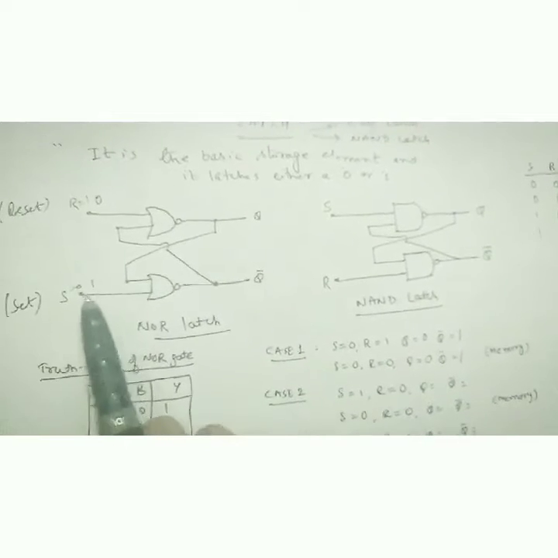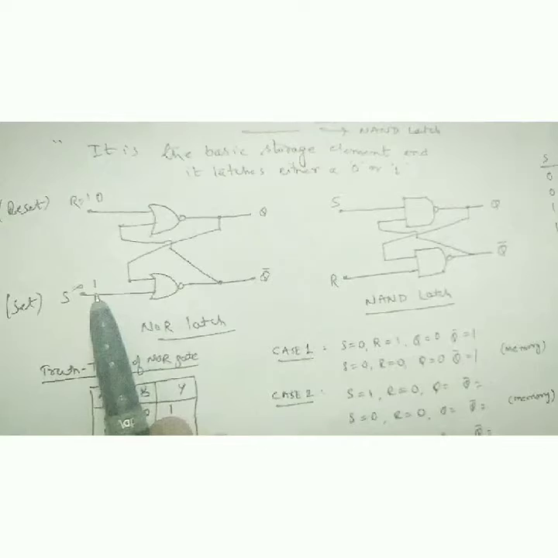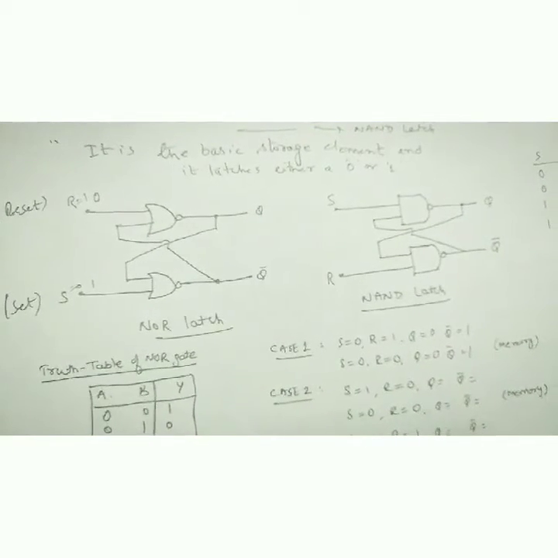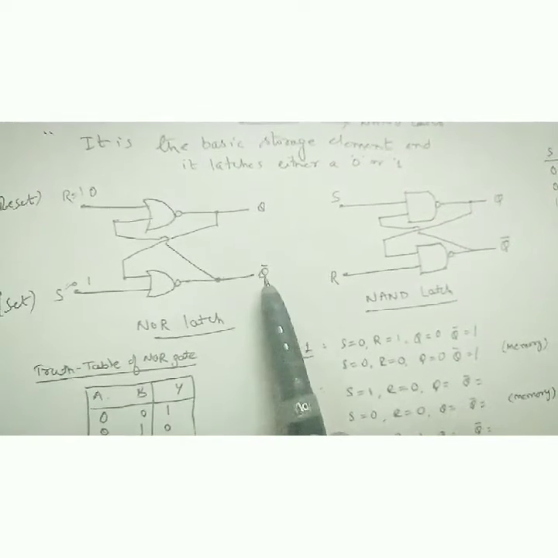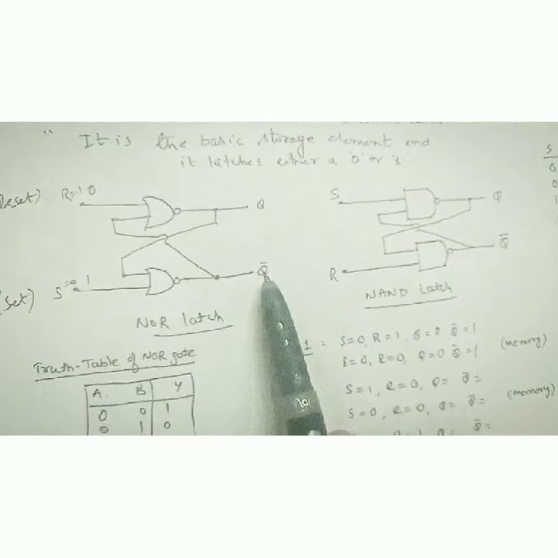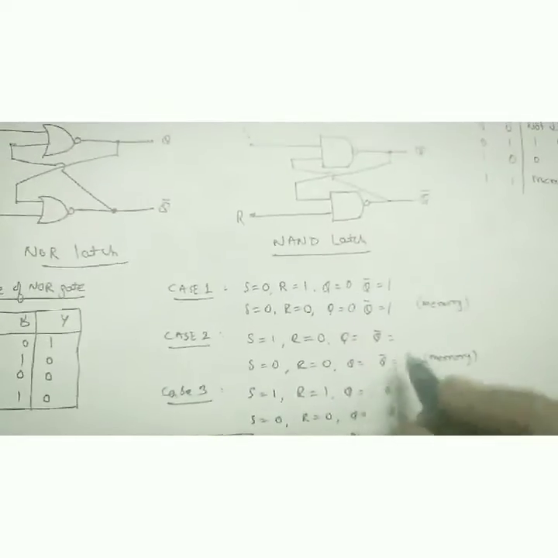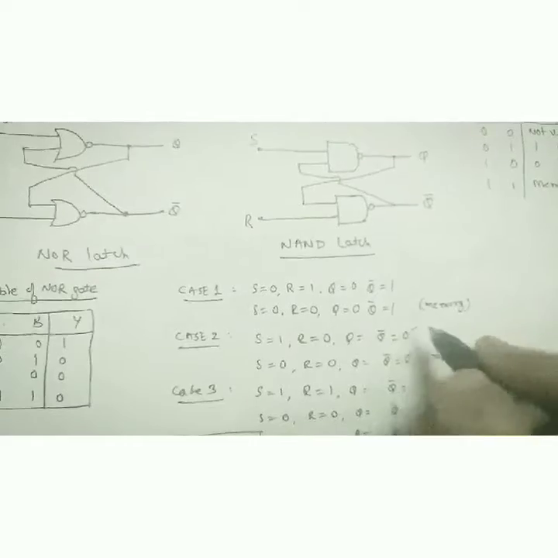Now on the same principle, if any of the inputs is 1, just like over here, the output is going to be 0. So when this is 1, this will cause Q bar to be 0. Let us first write here Q bar as 0.